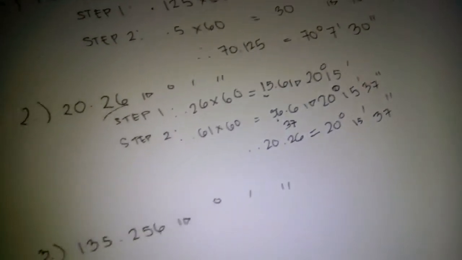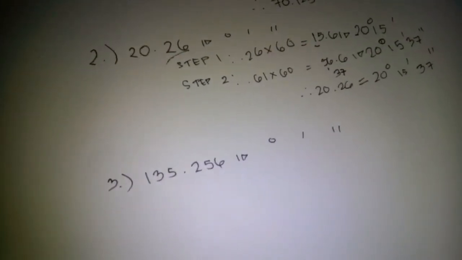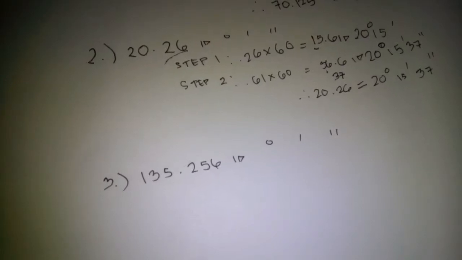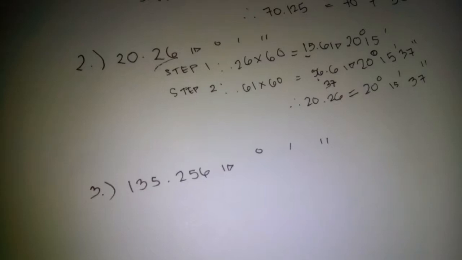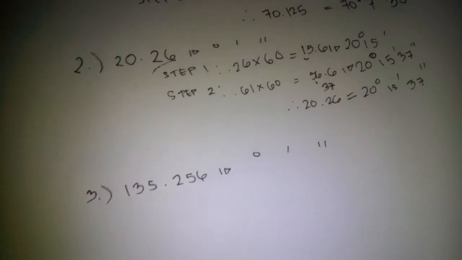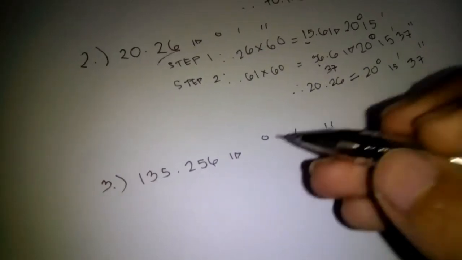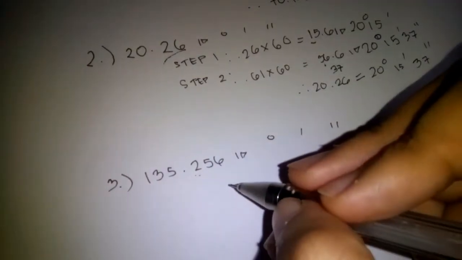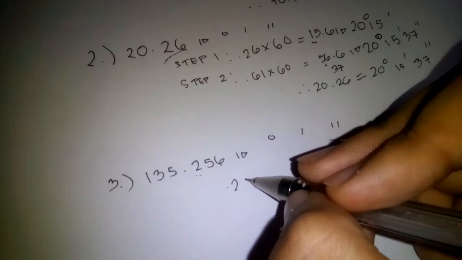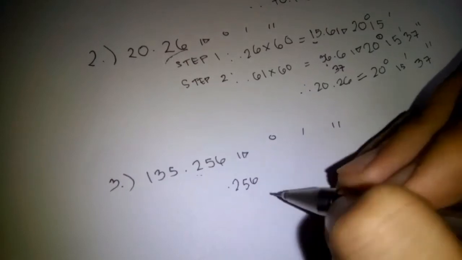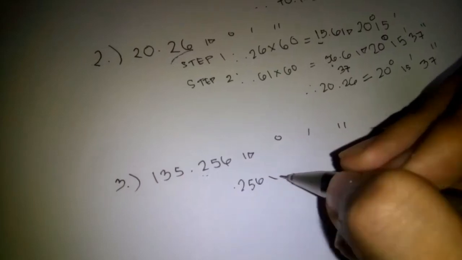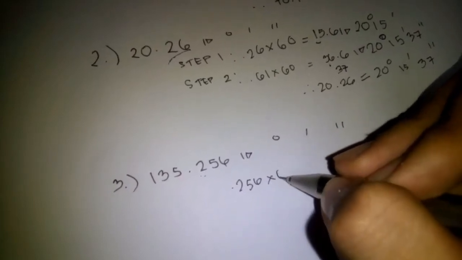So let's have another example. Our given is 135 and 256 thousandths to degrees, minutes, and seconds. So step 1, we copy this 256 thousandths, so we need to multiply it by 60.